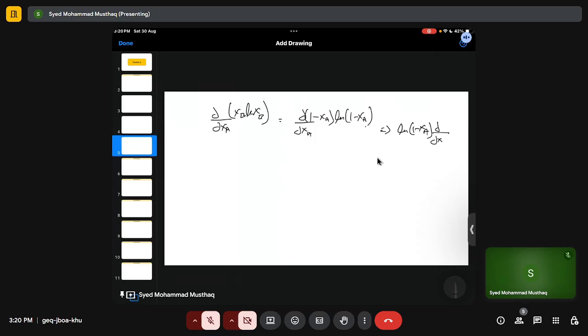d/dXA of (1 minus XA) plus, this time (1 minus XA) will remain constant, so we will differentiate ln (1 minus XA).